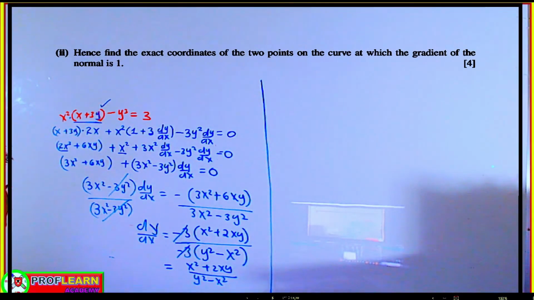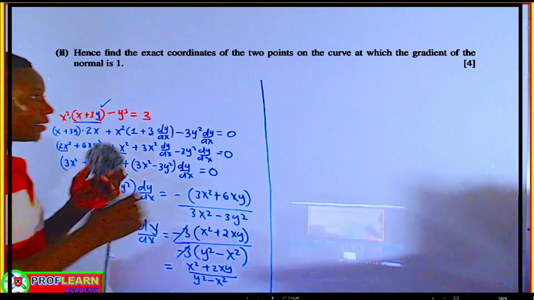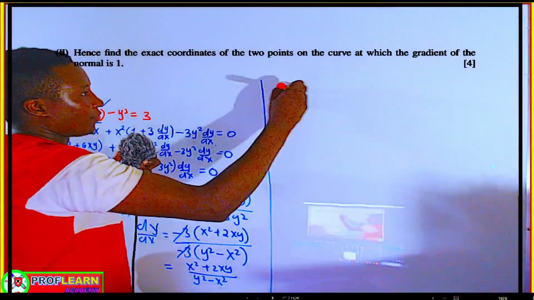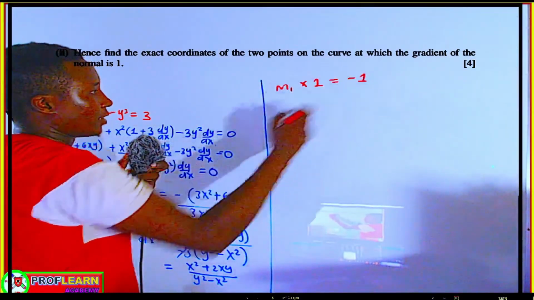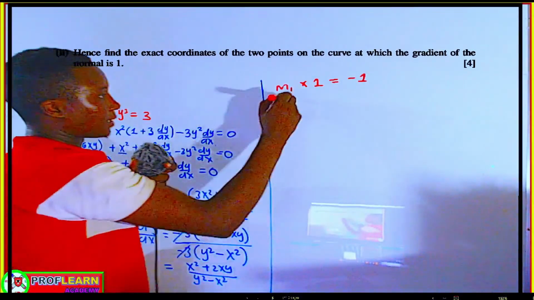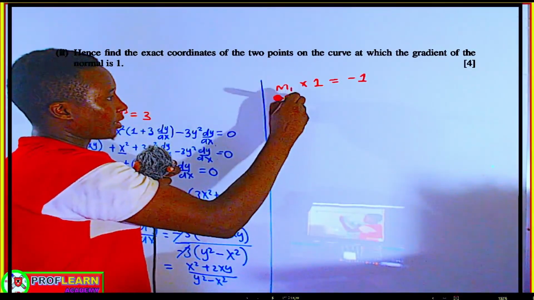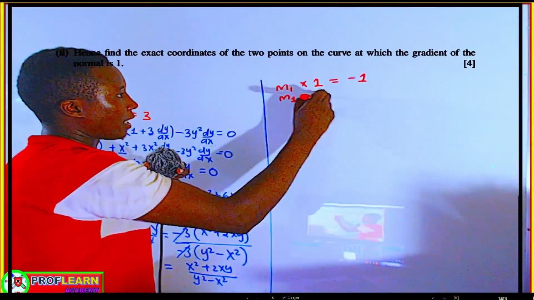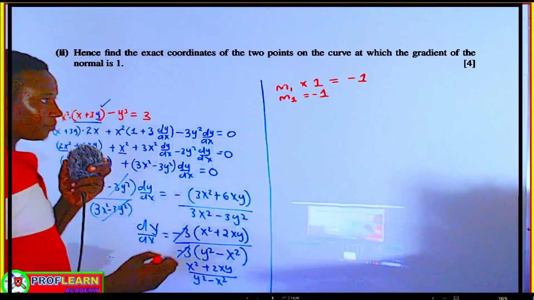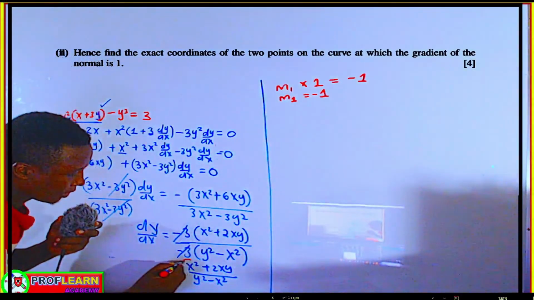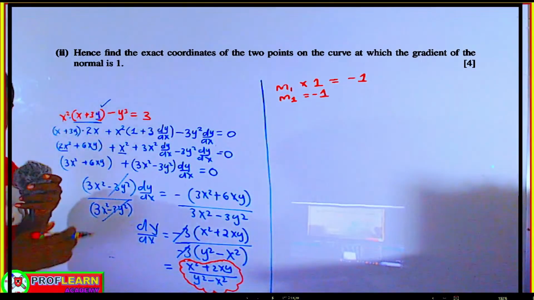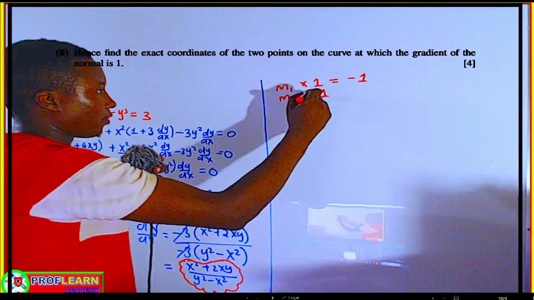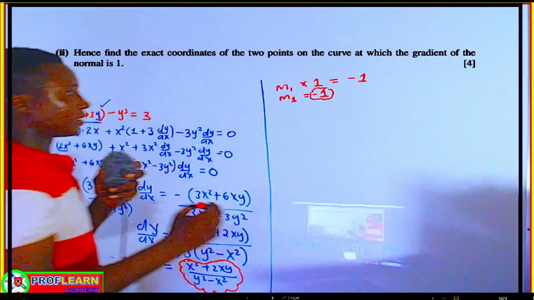So the equation of the normal is 1, meaning the gradient of the curve times the gradient of the normal, which is 1, is going to be -1. That will mean to us that the gradient of the curve that we are talking about is going to be -1. So this part that we have here as our gradient function is going to be equated to -1, the gradient that we have gotten at this given point.